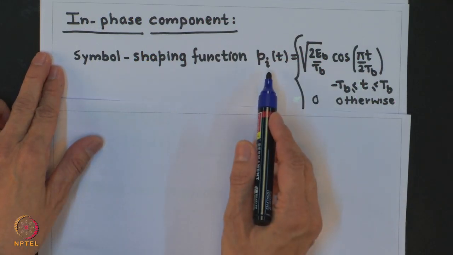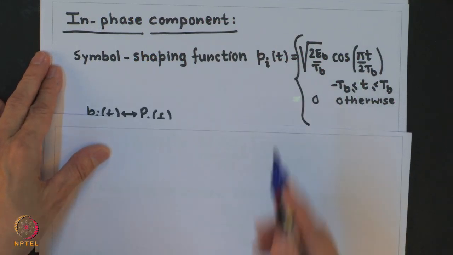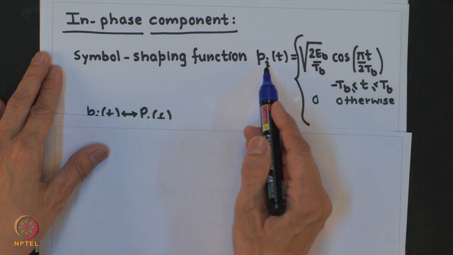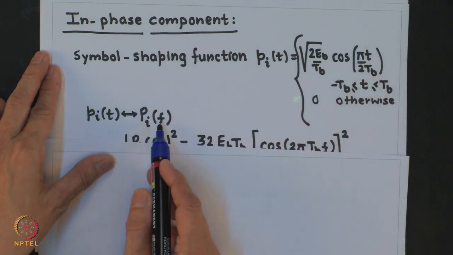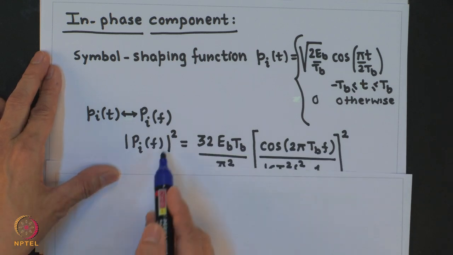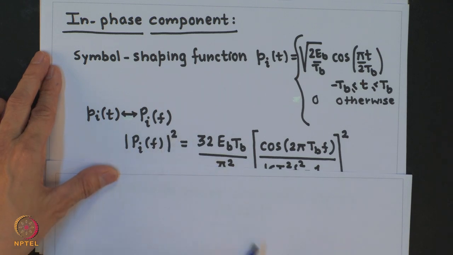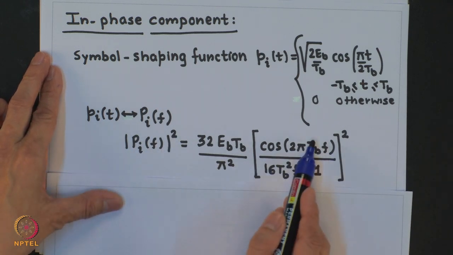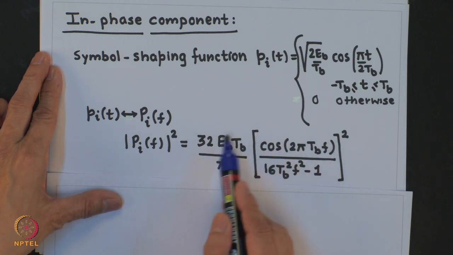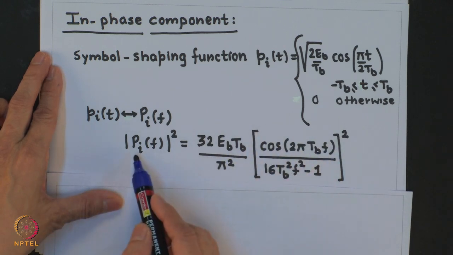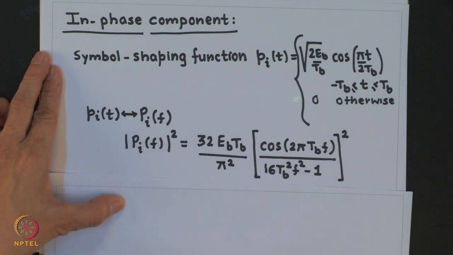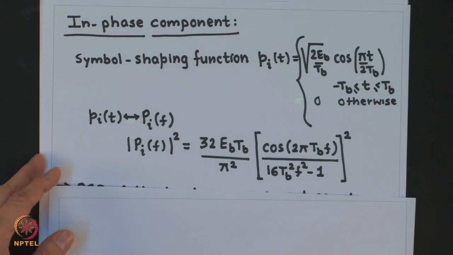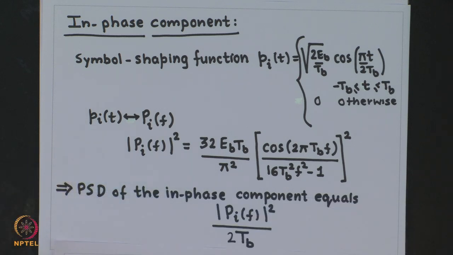So, once I have the symbol shaping function PIT, now we can find out its Fourier transform. Once we get the Fourier transform of this, we can find out the energy density of that by taking mod and square of that, and we can show that it turns out to be the expression given here. Once I have this energy spectral density, I can find out its power spectral density, which is given by this expression.